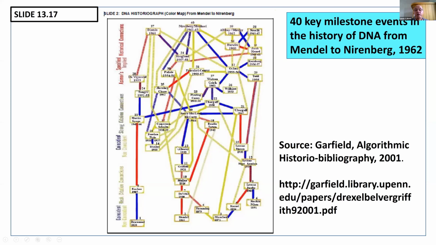And you see the citation relationships among the various papers, including the famous Watson and Crick paper from 1961. So this is also a very illuminative way of looking at these citation relationships.